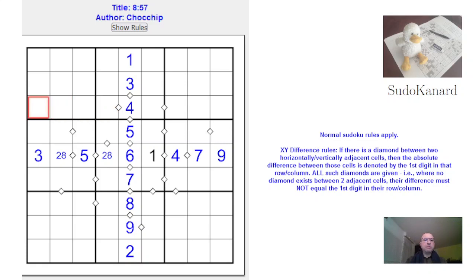So this is at most 5. Obviously, it's not 4, it's not 3, so it's from 1, 2, and 5. 1 would turn this into a 5, 2 would turn this into a 6, and 5 would turn this into a 9, which is not saying that much.